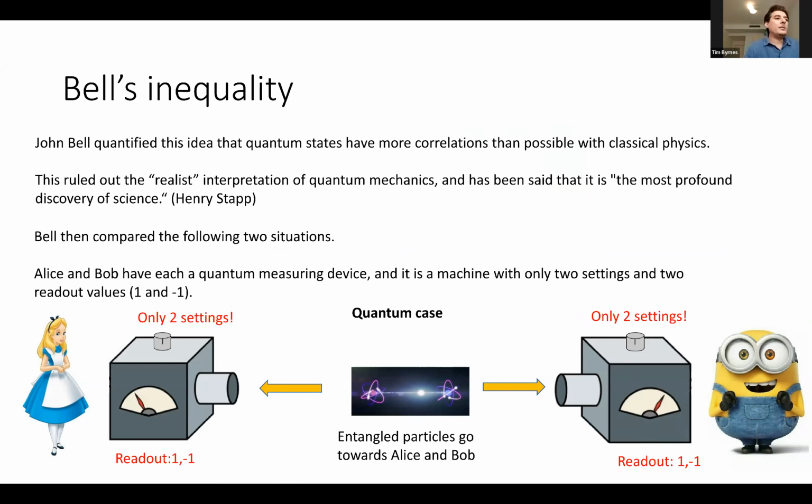Basically, people kind of knew even from Einstein's time that these quantum states seem to have more correlations than available in classical physics, but then nobody could really quantify it or really understand or have a way of putting a number to it basically.